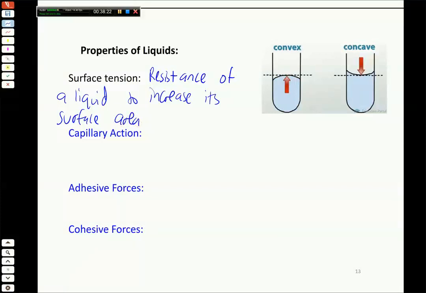Alright, and this is because of intermolecular forces that are present, and those intermolecular forces at the surface keep the molecules from spreading out too much and result in that surface tension.